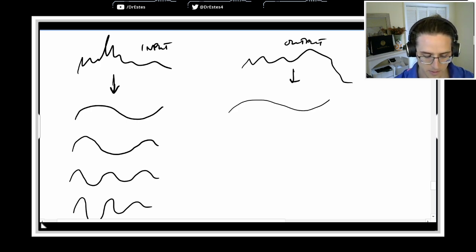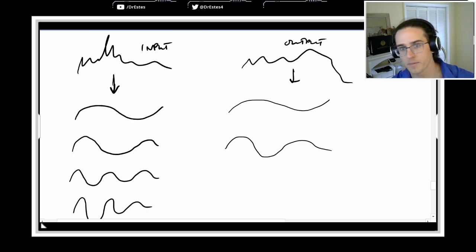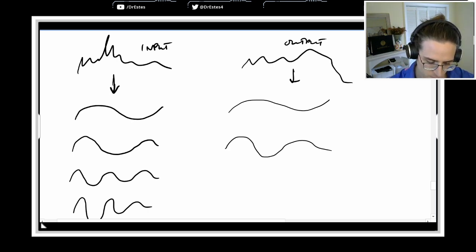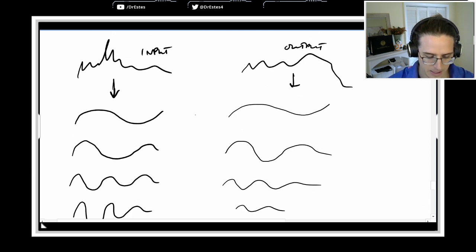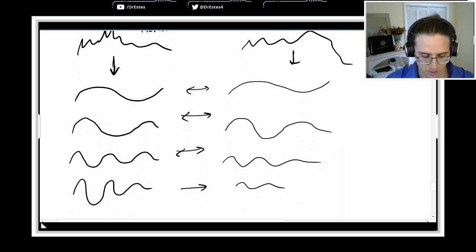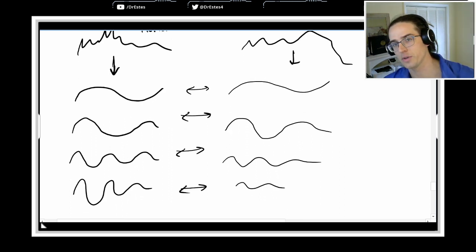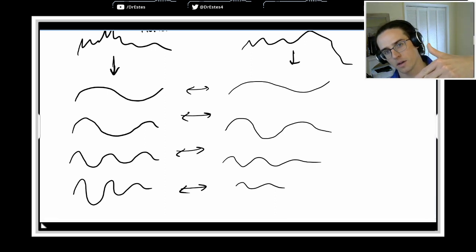We're going to find sinusoids at the same frequency. Then we're basically going to be able to get the amplitude and phase by comparing these common frequency components in the input and the output.